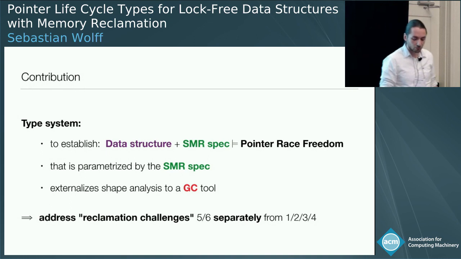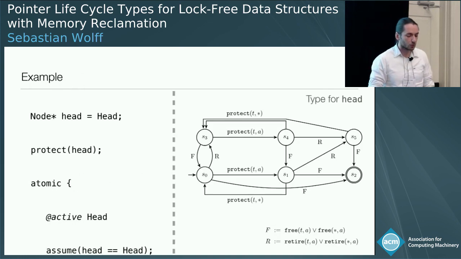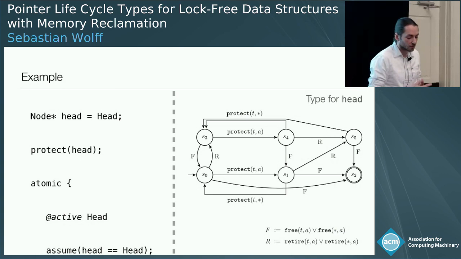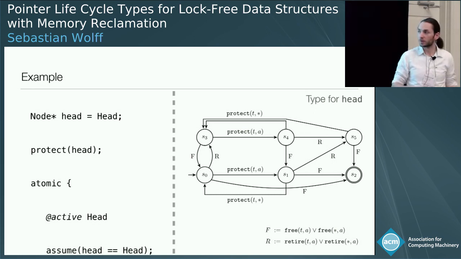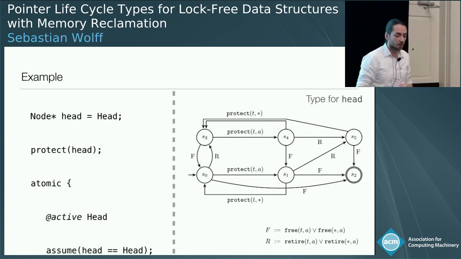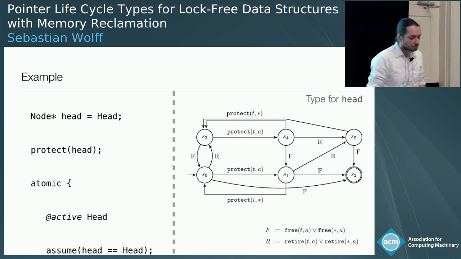And in the remainder of my talk, I'd like to give you a taste of our type system. To do so, I'd like to do a type check, or more a type inference, and visualize and show you what our types mean. To show you what our types mean, I need the SMR specification on the right-hand side. I'll tell you all the details about this when we need to.